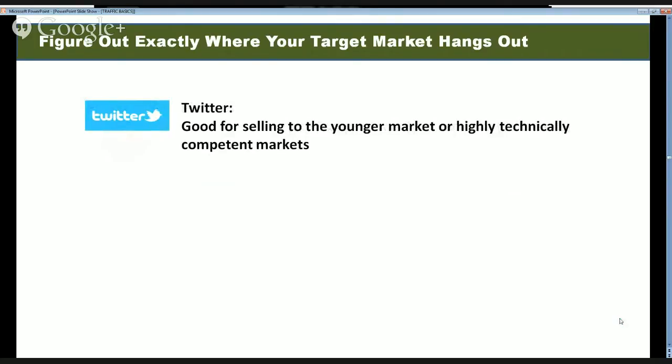Twitter is good, but it's really good for selling to the younger market, and especially those that are technically competent. So, for example, if you're interested in selling to people in the 25 to 35-year-old range who want to have a business of their own, this might be a very good place to go. Okay, it's not such a good place to go to sell to seniors.